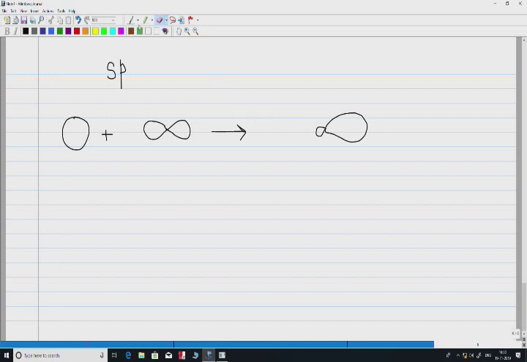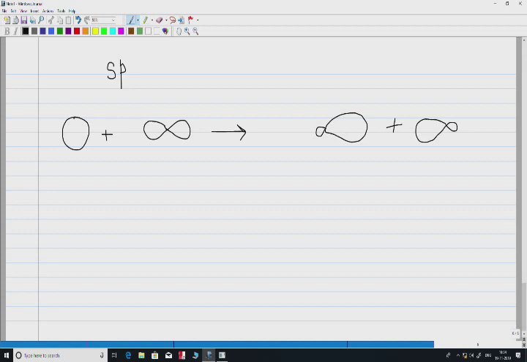You have these orbitals. How can you place these hybrid orbitals in space so that the repulsion between them is minimum, or at what angle can you place them so that the bond angle between them is maximum?